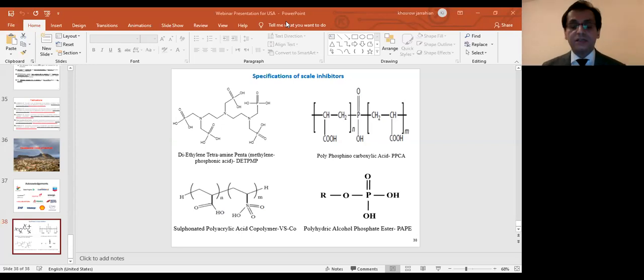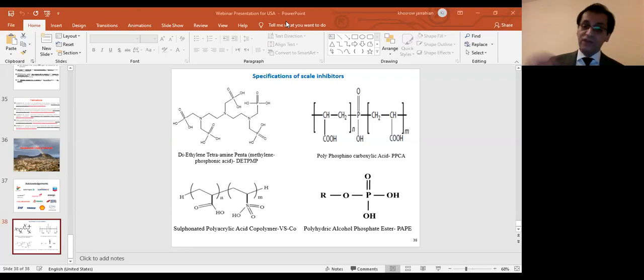Generally, scale inhibitors are squeezed at lower pH because, as I mentioned before, if pH is increased, the scale inhibitors, mostly, not all of them, are incompatible with the injected water.